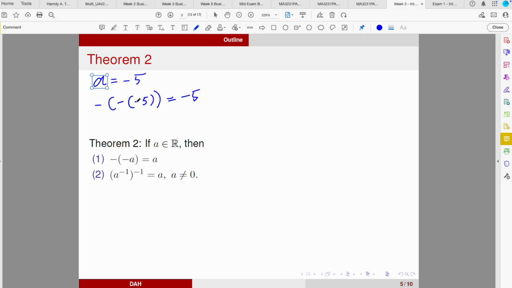Same, it's A. If A is positive, let's say 7, minus of minus 7 is 7, positive. And 0, of course, obviously 0 is 0. There's no negative 0. Okay, now how to prove this?